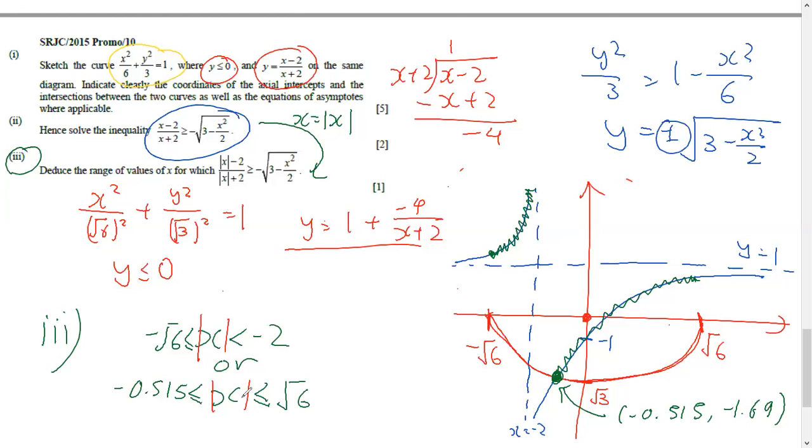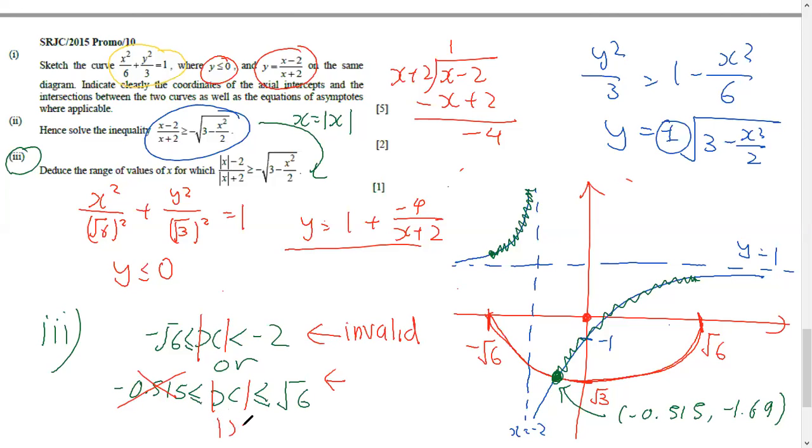By logical analysis, this is invalid because a modulus of x cannot be negative. So the only thing that can happen is this one. But this again cannot happen entirely because modulus of x means it must be positive. So we can actually ignore the second part.